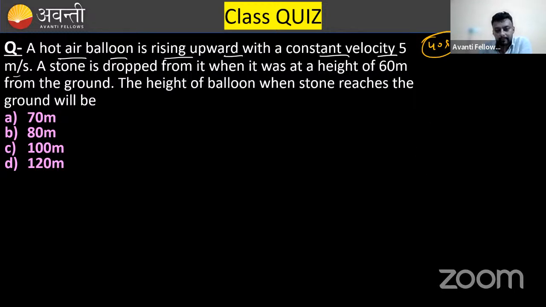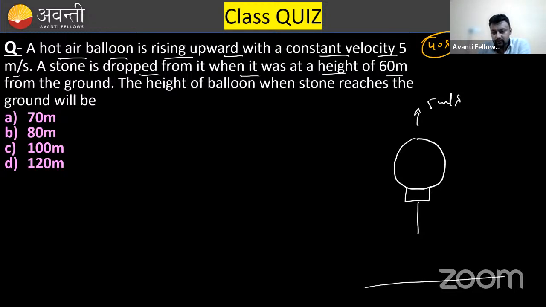There is a hot air balloon moving upward with a velocity 5 meter per second. A stone is dropped from it when the balloon was at a height of 60 meter from the ground. This is 60 meter.